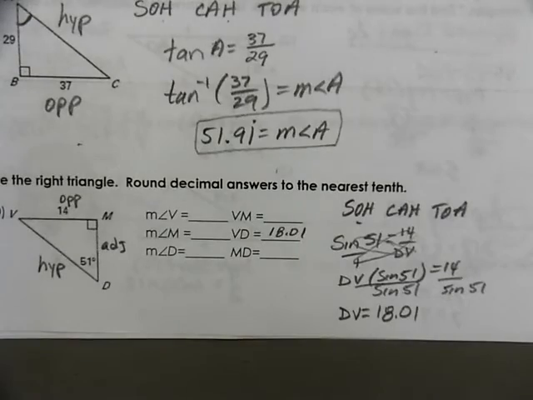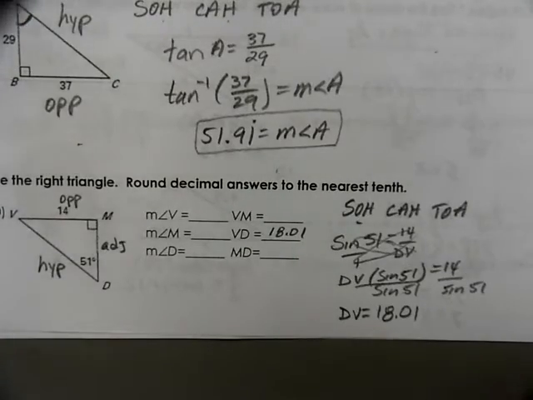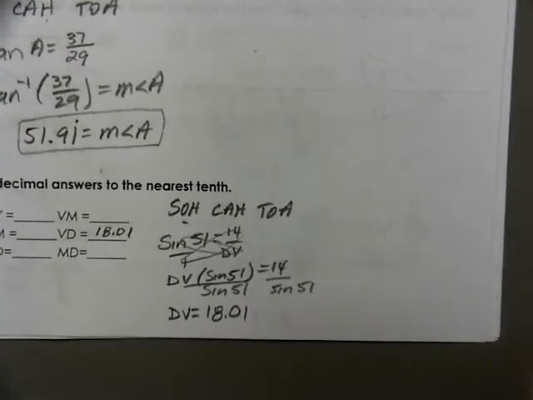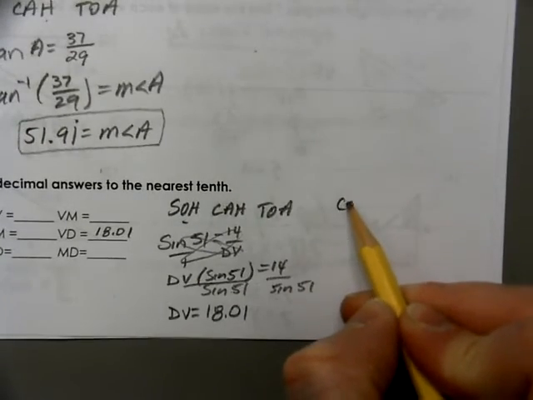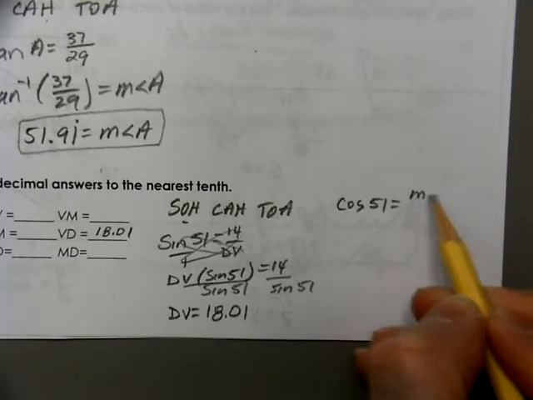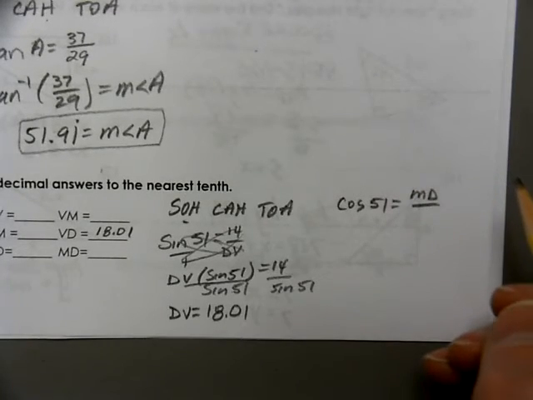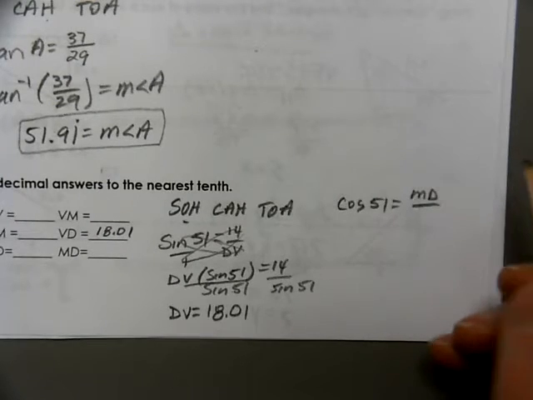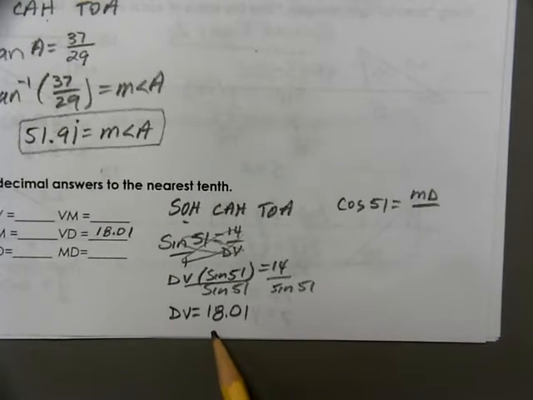To figure out the other missing side, the adjacent side, MD, we're going to use cosine of 51 is the adjacent side over the hypotenuse. But I'm going to change that up.